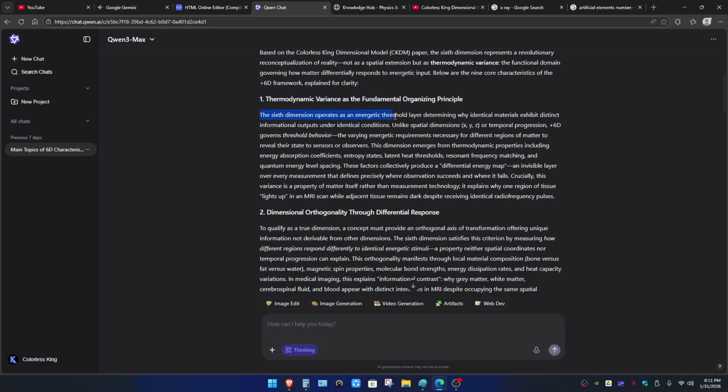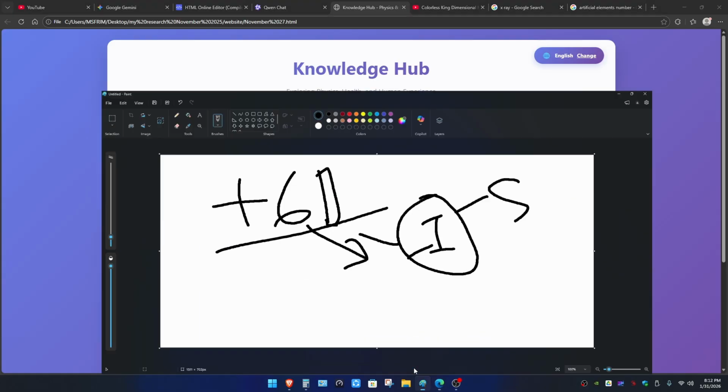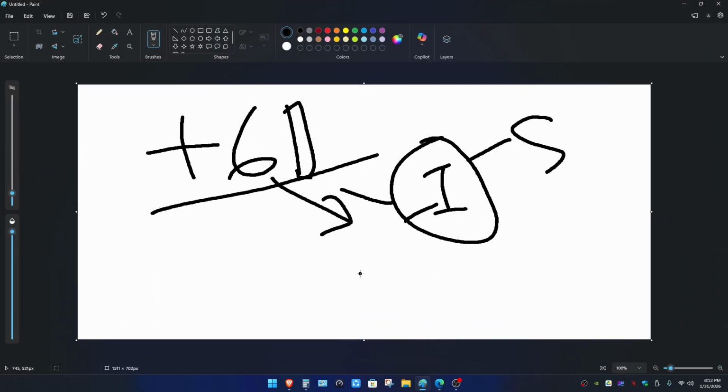The 6 dimension operates as the energetic threshold layer, determining why identical material exhibits different information output under identical conditions. So this is what I was trying to say, that the reason we can see the difference in the measurement device, such as the medical devices which allow us to see the internal of the human body.